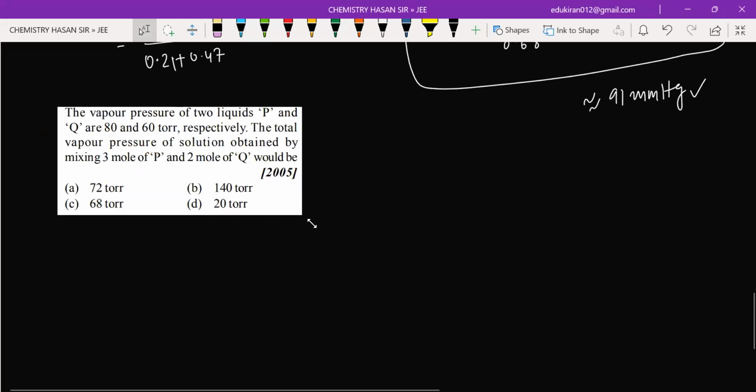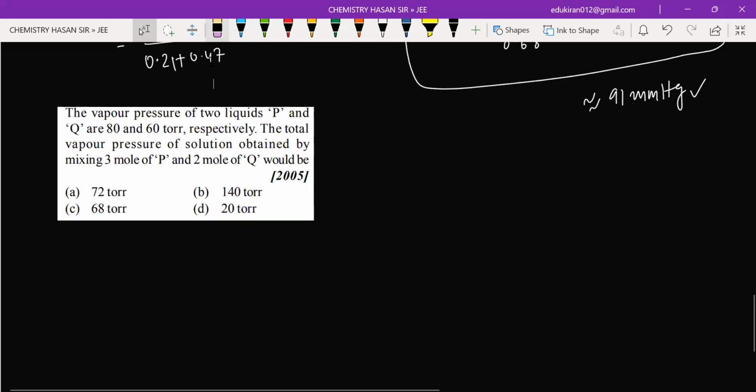Please do it. You know, pressure has different units like Pascal, mmHg, torr, Newton per meter square. So don't be afraid of this.